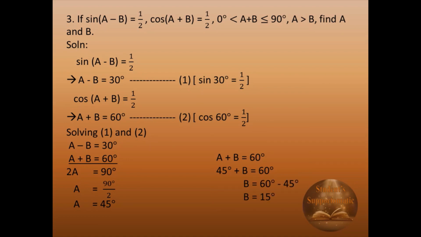Then B is equal to 60 degree minus 45 degree, so 60 minus 45 is 15. So B is equal to 15 degree. We get the value of A as 45 degree and B as 15 degree. This is the solution of the problem.